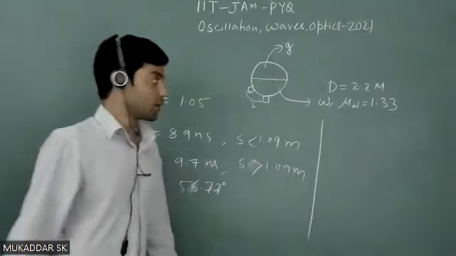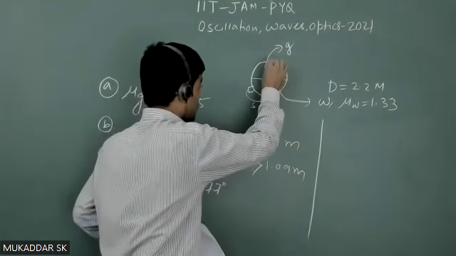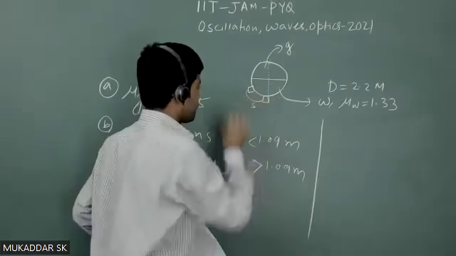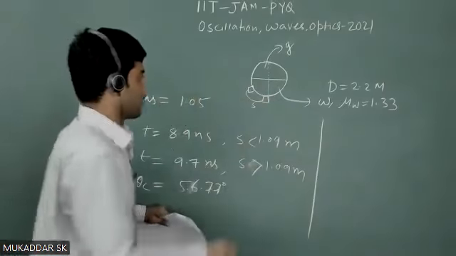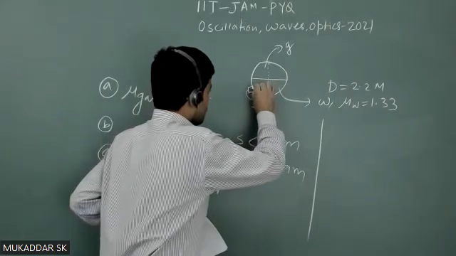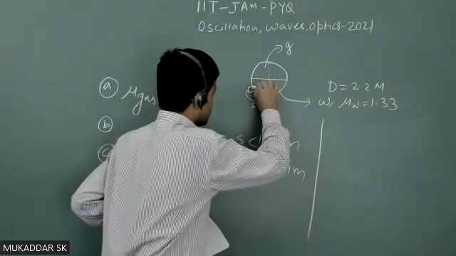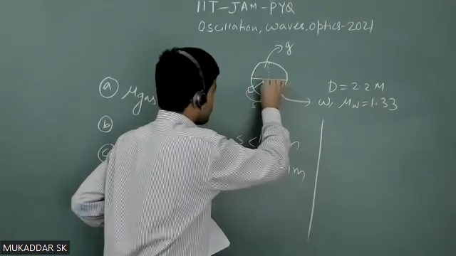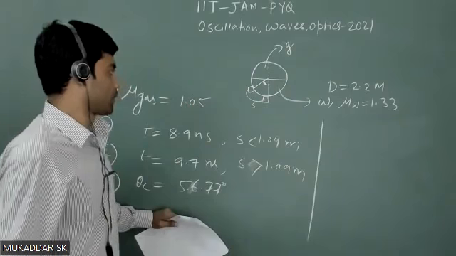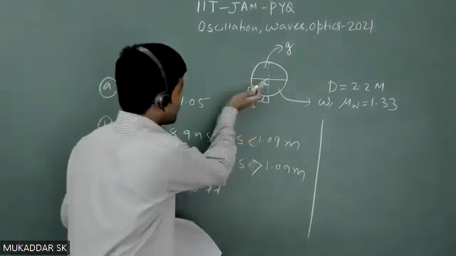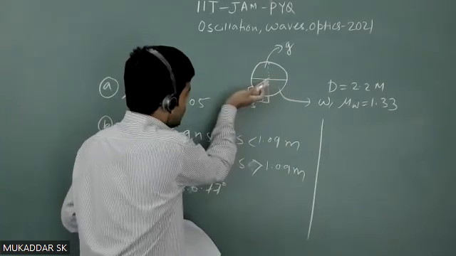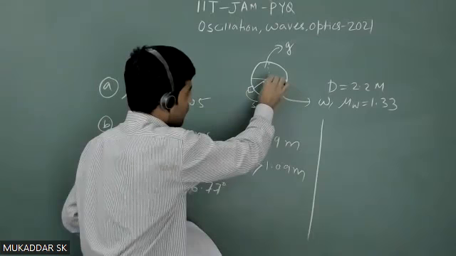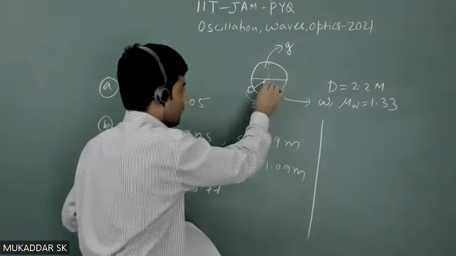As I mentioned, this is the vertical line. When s, this distance, equals 1.09 meter, then this angle will be theta c, because after this distance, when s is greater than 1.09 meter, the whole light will come back into the water.